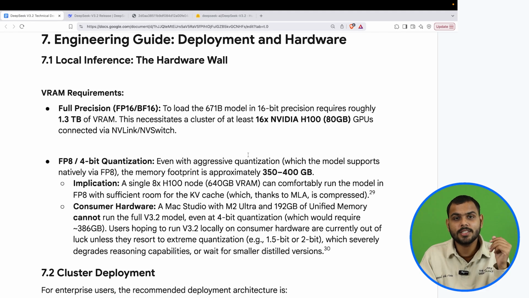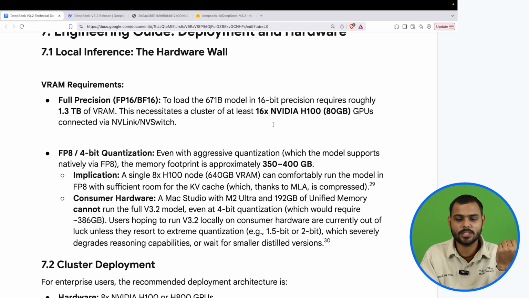Talking about local inference, these models cannot be used on our own systems or local hardware, because the model size is 670 billion parameters, so it will take around 1.3 TB of VRAM. They have mentioned it is equivalent to 16 NVIDIA H100s of 80 GB each that you will need. Even if one costs $2, $3, $4, it's around $50 to $60 per hour.